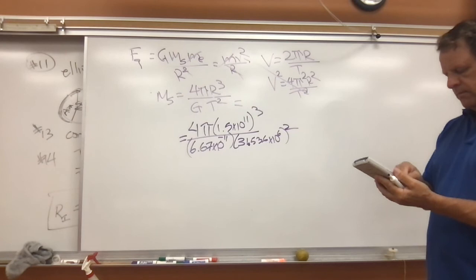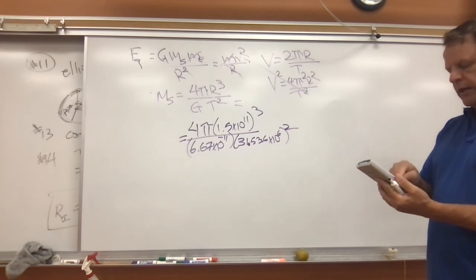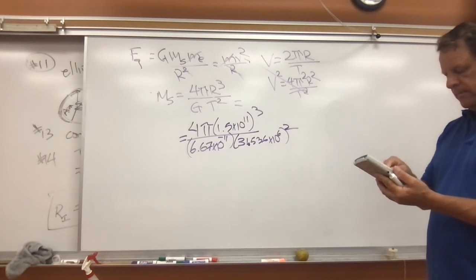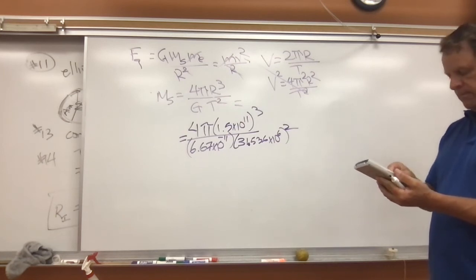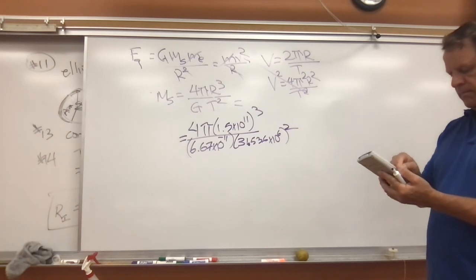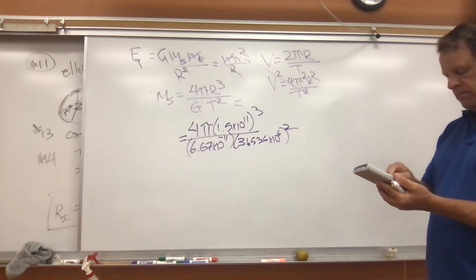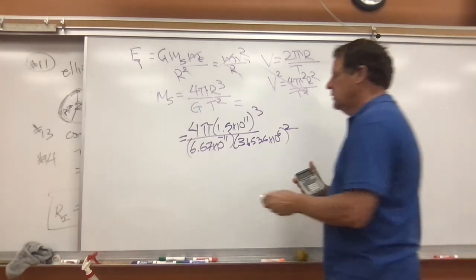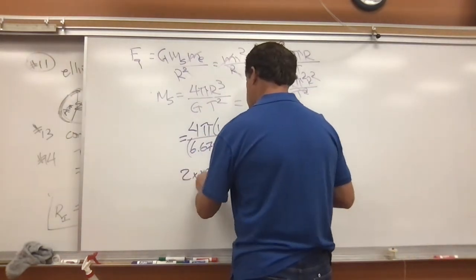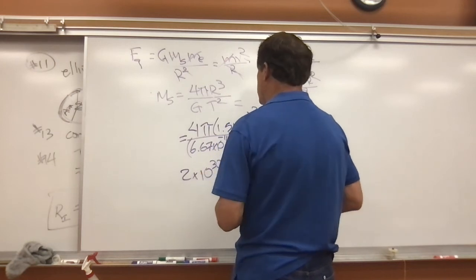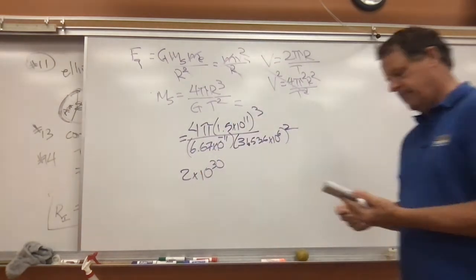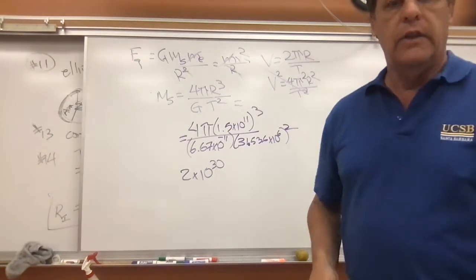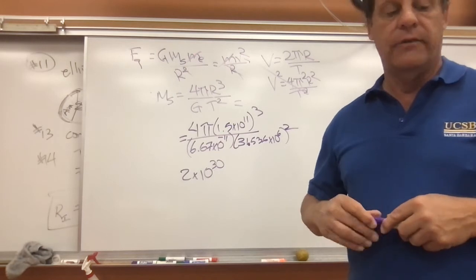Multiplying this out, we get 2 times 10 to the 30th, and that is the mass of the sun.